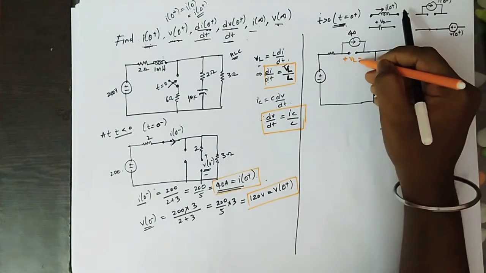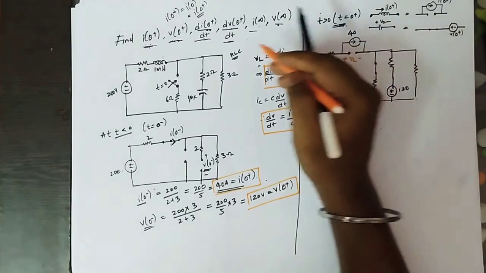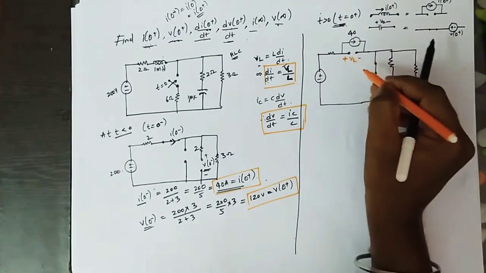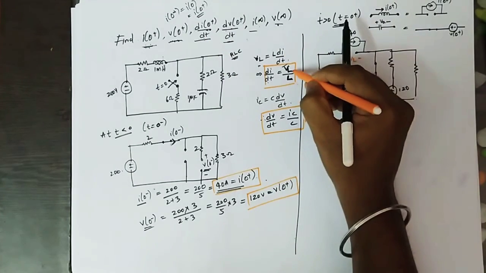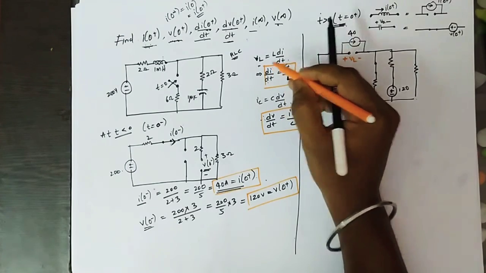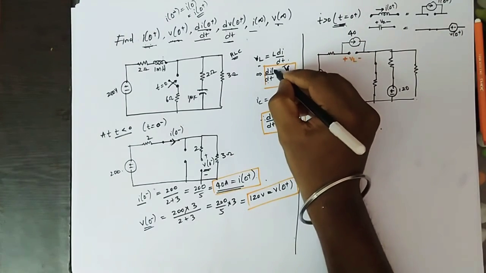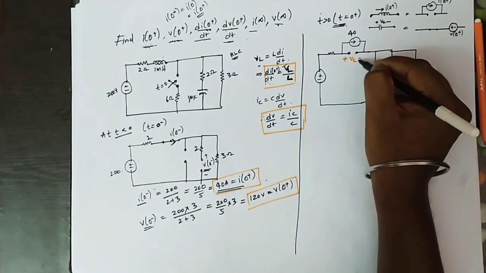If you find VL, you will get di of 0 plus by dt.